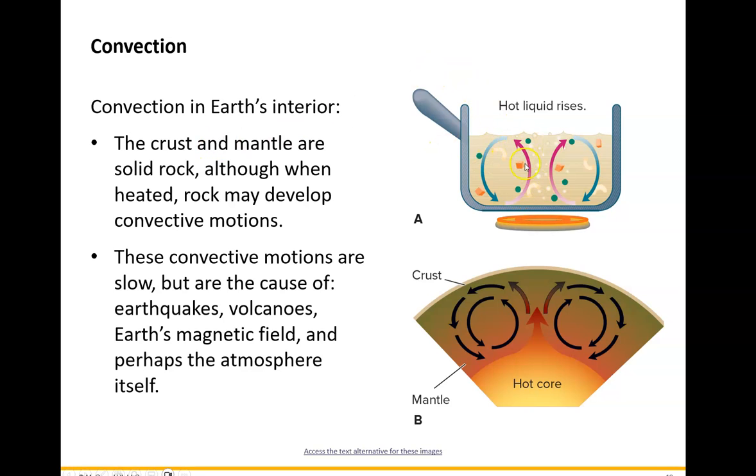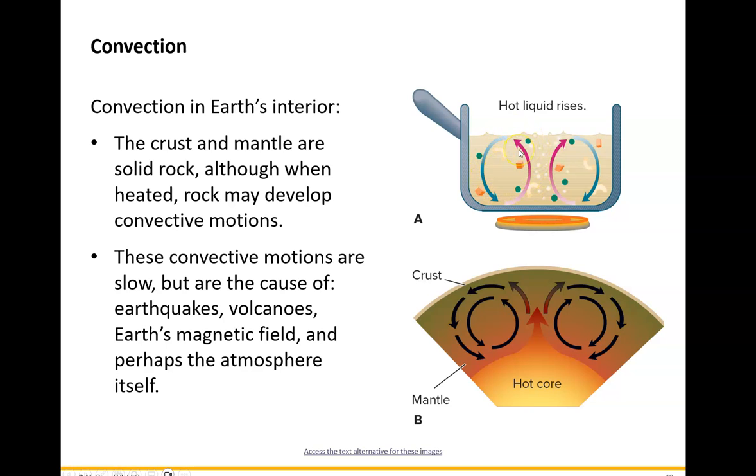All right, so here's the example, because I had a slide that shows this. This is a good example of convection. Hot material rises. Hot stuff always travels from hot to cold, and so it rises up, and the colder stuff will fall, and then be heated up again, and so forth.